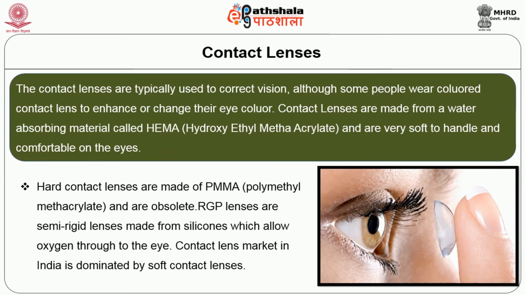Hard contact lenses are made out of PMMA and are rigid. RGP lenses and semi-rigid lenses made out of silicone, which allow oxygen through to the eye, are also available. The contact lens market in India is dominated by soft contact lenses.